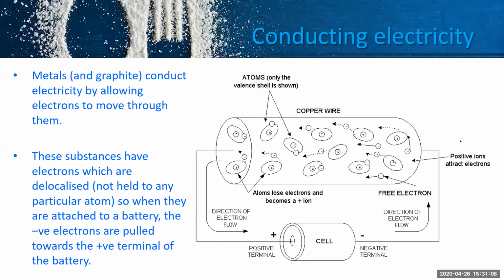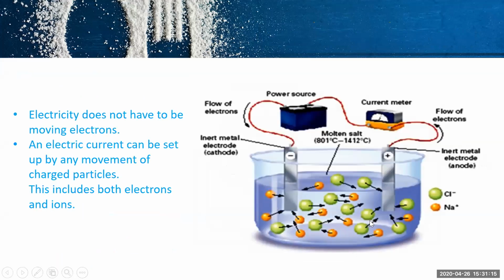Here we go. So when we're talking about conducting electricity, it doesn't have to be moving electrons. It can be any charged particles, so electrons and ions. So if you've got a molten salt, if you take some sodium chloride and heat it up between about 800 degrees and 1400 degrees, it will melt.